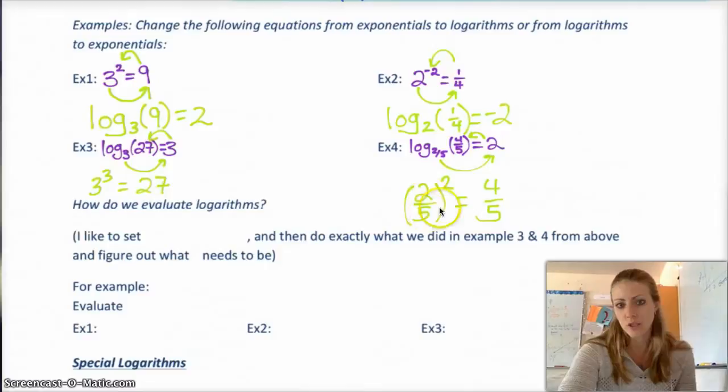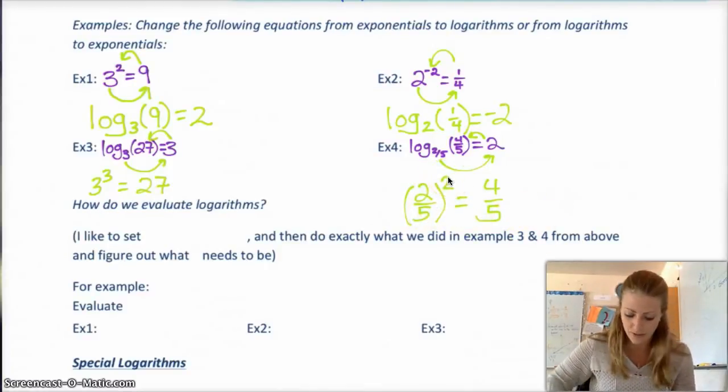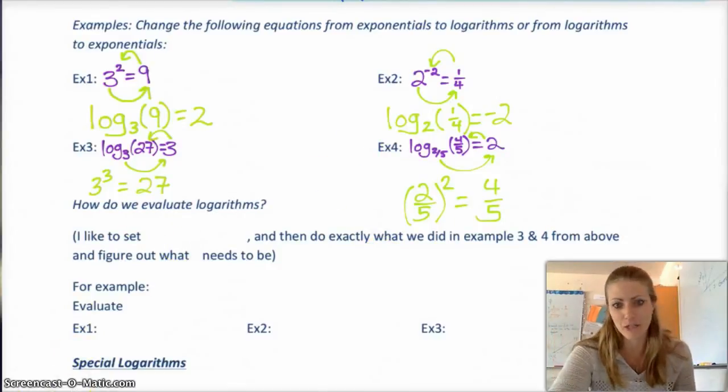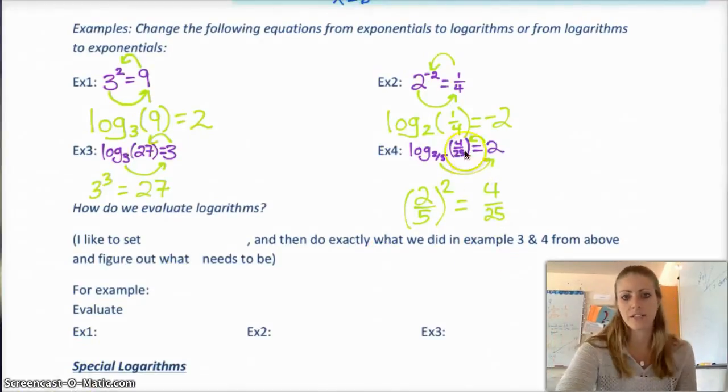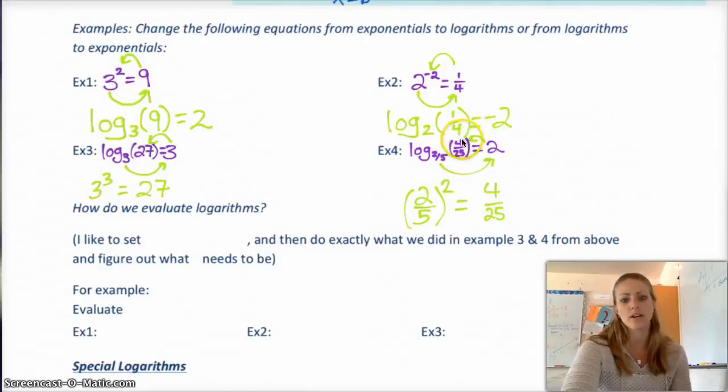And is 2/5 squared equal to 4? Oops, that's supposed to be 4/25. See, that wasn't right because I started out with the wrong problem. It should be 4/25. Hold on a second. There we go, that's better. I'm sorry, the question was wrong. So log base 2/5 of 4/25 is equal to 2. Okay, and that just means that 2/5 raised to the second power equals 4/25.